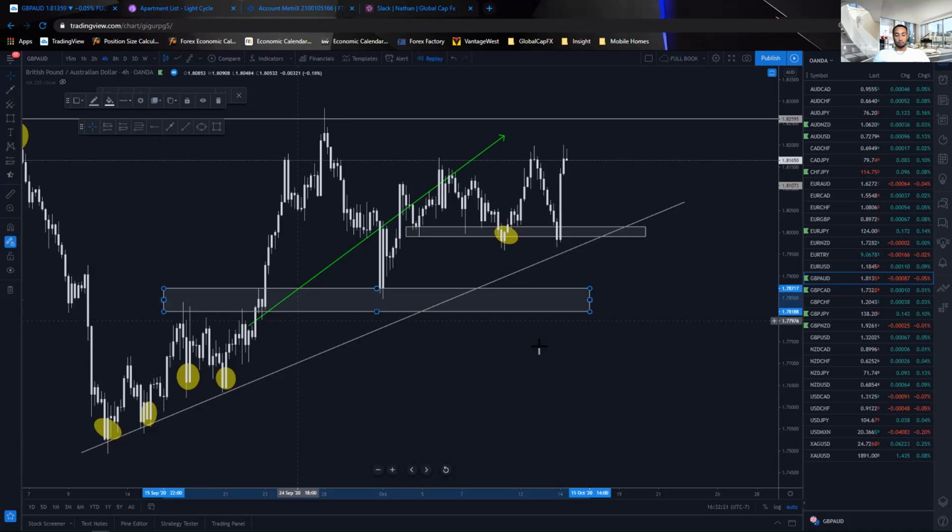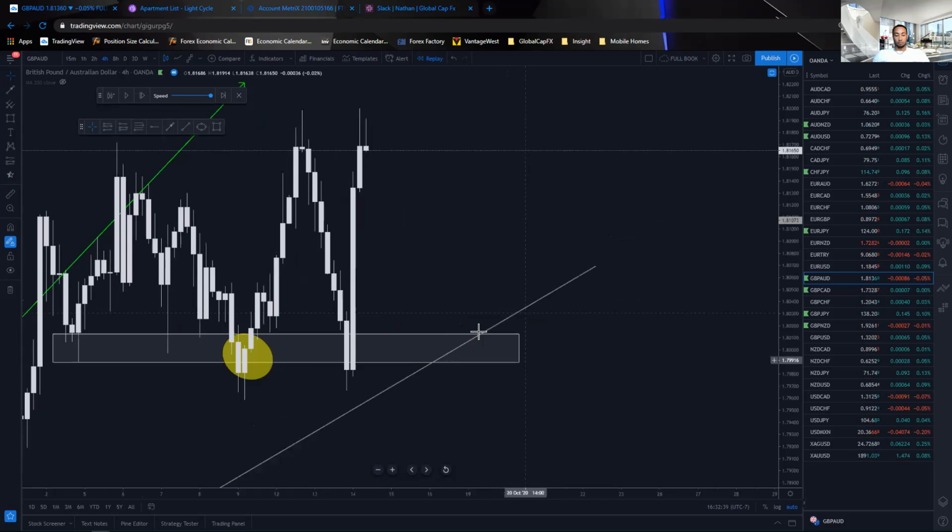And I'm not trying to be very precise about my boxes. I'm more so trying to understand the area of where rejection candles exist. Because if you pay attention to the rejection candles, you're technically allowing yourself to get in at a very nice sweet spot.